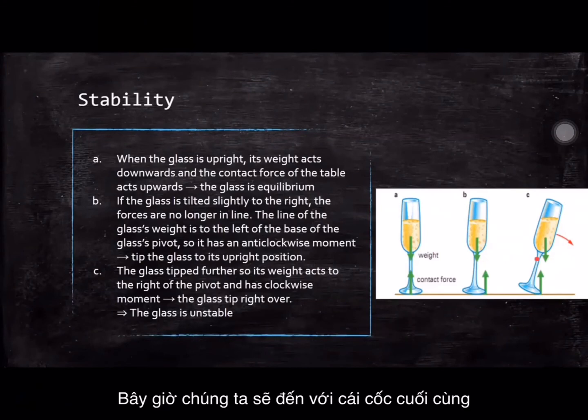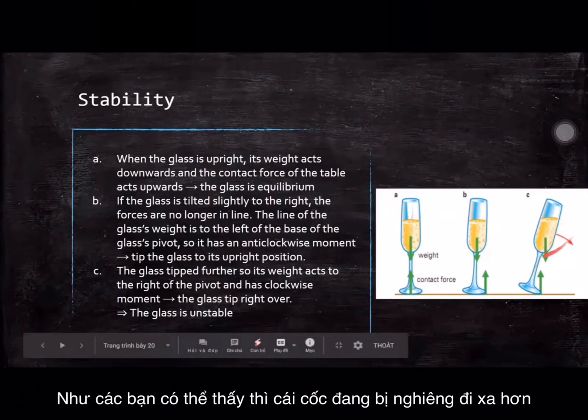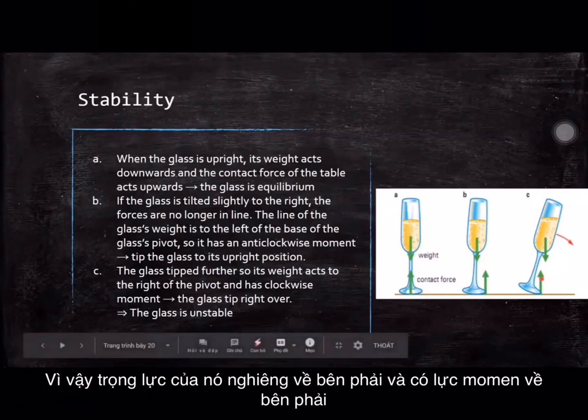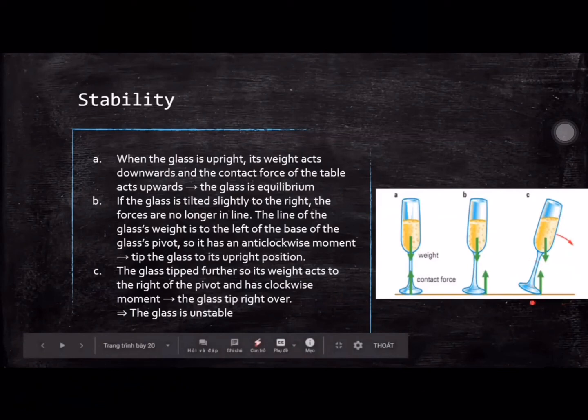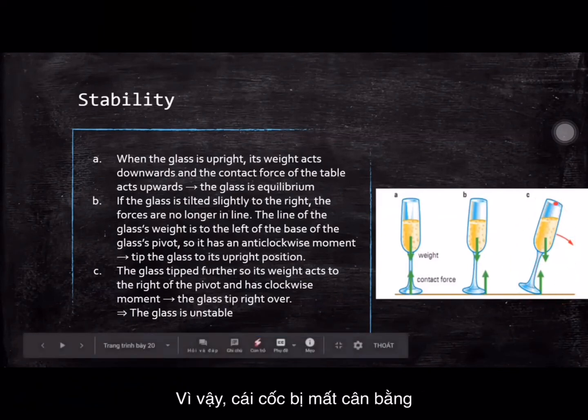In the last glass, the glass is tipped further, so its weight acts to the right of the pivot and has a clockwise moment. Therefore, the glass will tip right over, and therefore the glass is unstable.